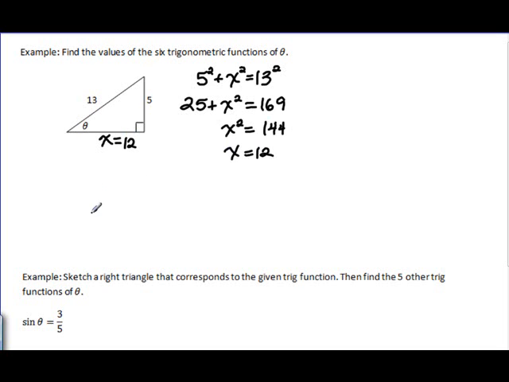So now I can find the sine of theta, cosine theta, tangent of theta, and so on. So sine of theta is defined to be, if you remember some old hen or Chief Sakatoa, it is always the opposite over hypotenuse.